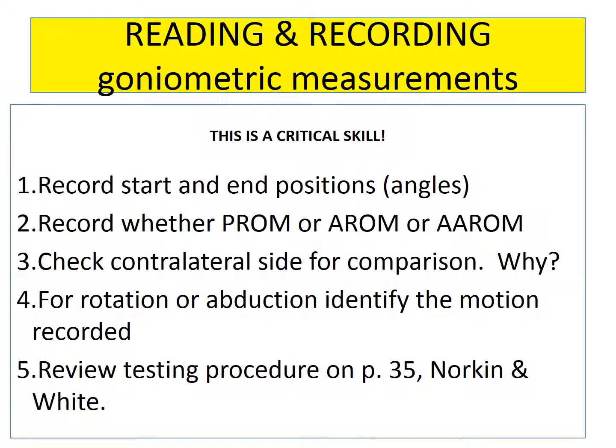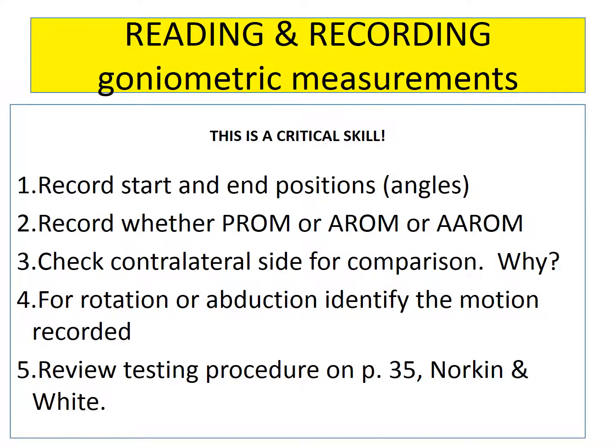You want to check the contralateral side for comparison, and this should have been done by the PT during the eval, but why? Well, we want to make sure what is normal for this patient. So if they are coming in with a knee injury on the right, what is their left knee that is uninjured? What is its range of motion? And even though we have norm values, we might have some variability within our patients, and so you can realize what is normal for this patient.